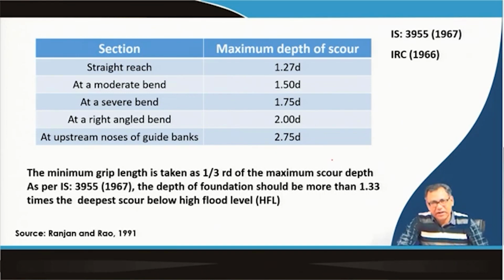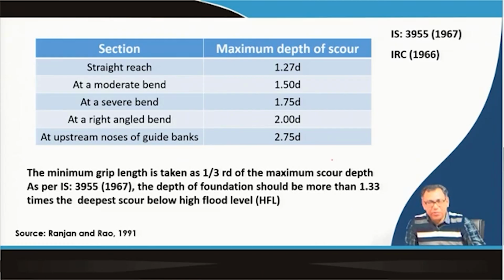Suppose it is a straight stretch, then the maximum scour depth will be 1.27 times of that D. Then at a moderate bend, it will be 1.5 times of D. At a severe bend, it will be 1.7 times of D. At a right angle bend, it will be 2 times of D. At upstream noses of guide bank, it will be 2.7 times of D. So first we will determine the D value, the scour depth, then we will determine the maximum scour depth.